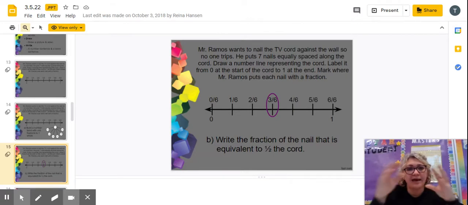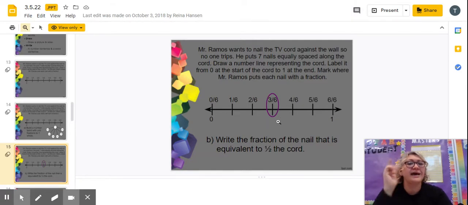Where would it be halfway? If we look at this number line, you would go halfway and meet in the middle. I can tell by looking at this that between 0 and 1 there are 2 numbers on each side, so 3/6 is equal to halfway.